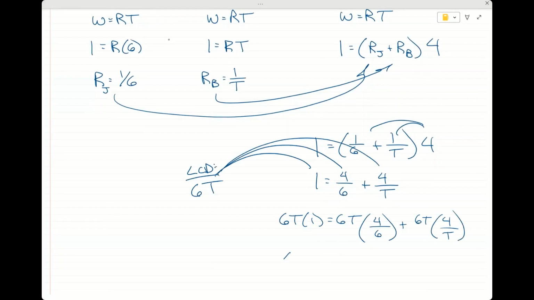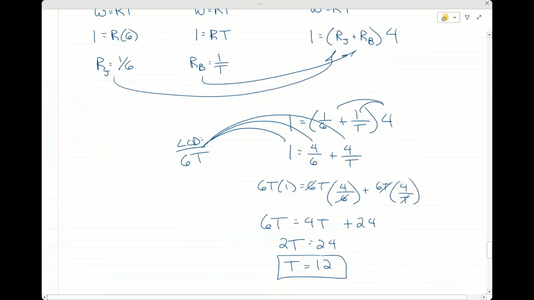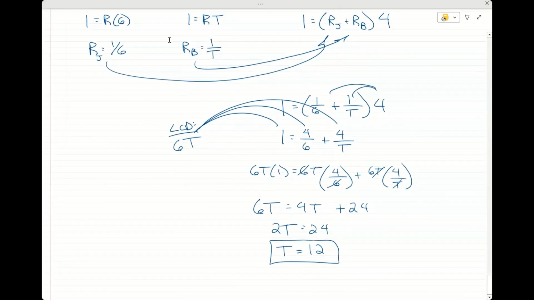And let's see what we get. 6t is equal to 4t plus 24. So 2t is equal to 24, or t is equal to 12. So it sounds like Jennifer is a much more experienced gardener than Brad is.